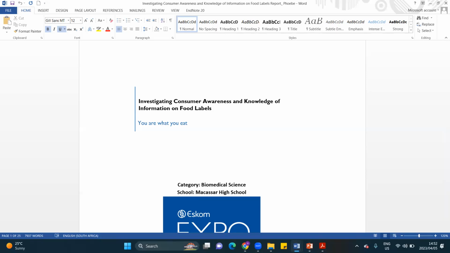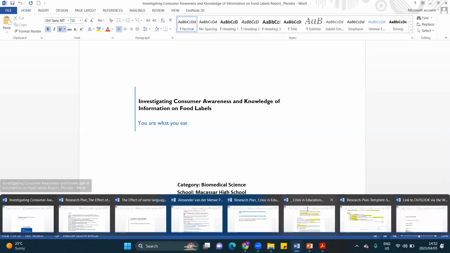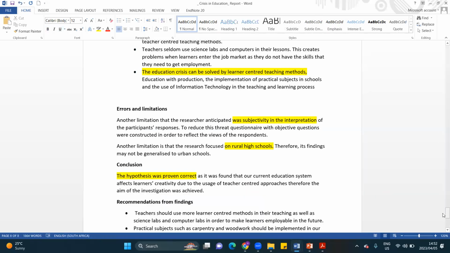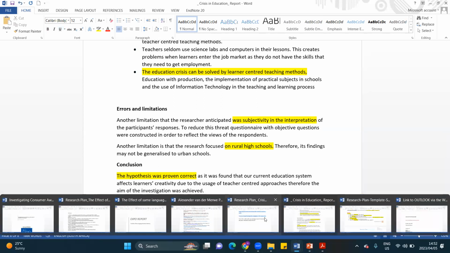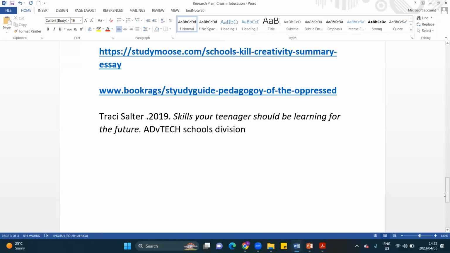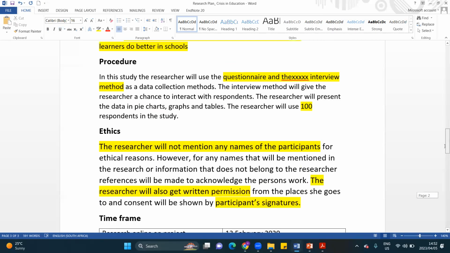Now, in the case of this study, I'm not sure this is a research plan, the learner interviewed, we don't know how many they interviewed, but we know the participants were 100. So this would be considered a quantitative study because we've got a large sample group.